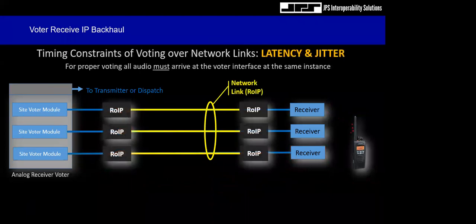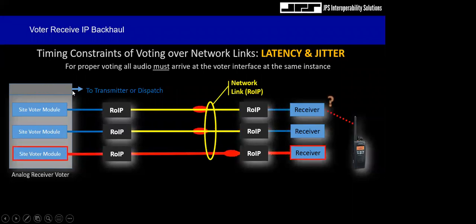So if I take a digital example, right now I'm voting over networks. I've got ROIP devices taking analog information, compressing that information, deconvoluting that information, and reinstating the analog information at the voter head end. We can now begin voting, sending that information to a transmitter or the dispatcher. But in terms of integration, I might notice that one of my links has a little bit of propagation delay.